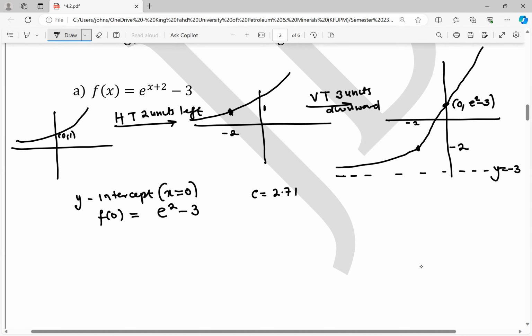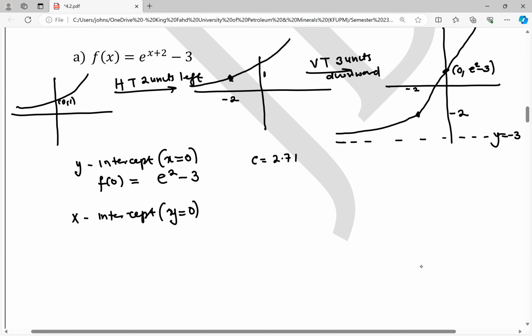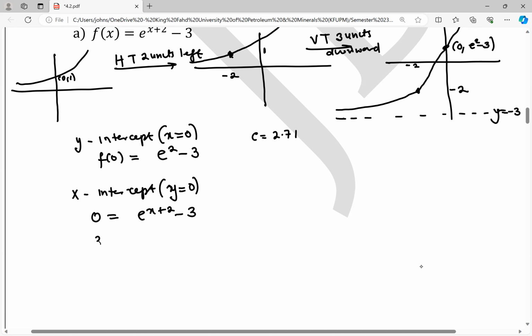Okay. And also we can find the x-intercept actually. So what will be the x-intercept? X-intercept, you put y equals 0. So if we substitute y equals 0, you will see that we have 0 equals e to power x plus 2 minus 3. And then this becomes 3 equals e to power x plus 2.